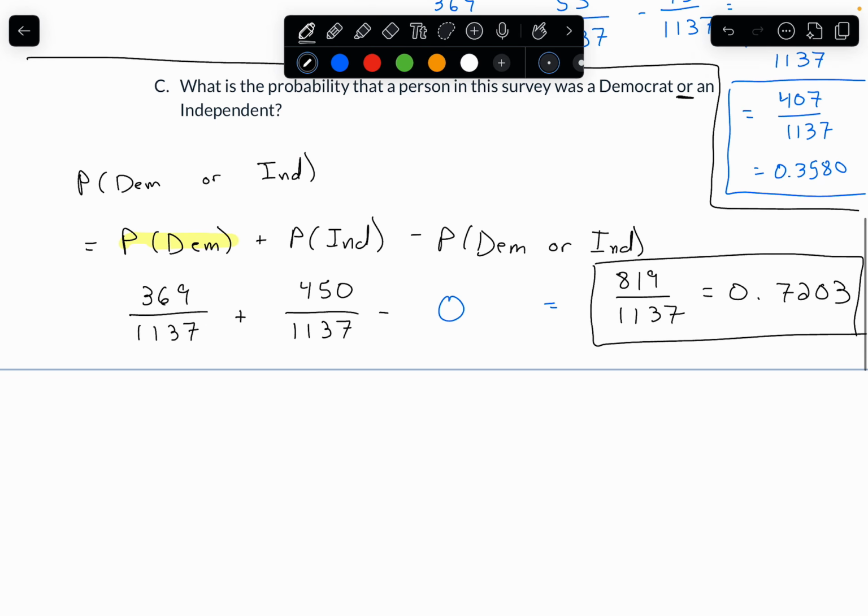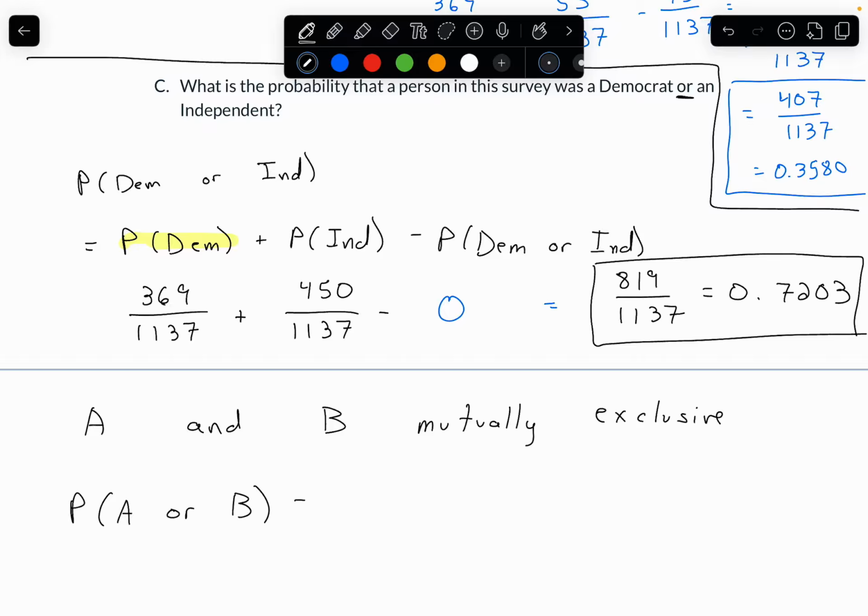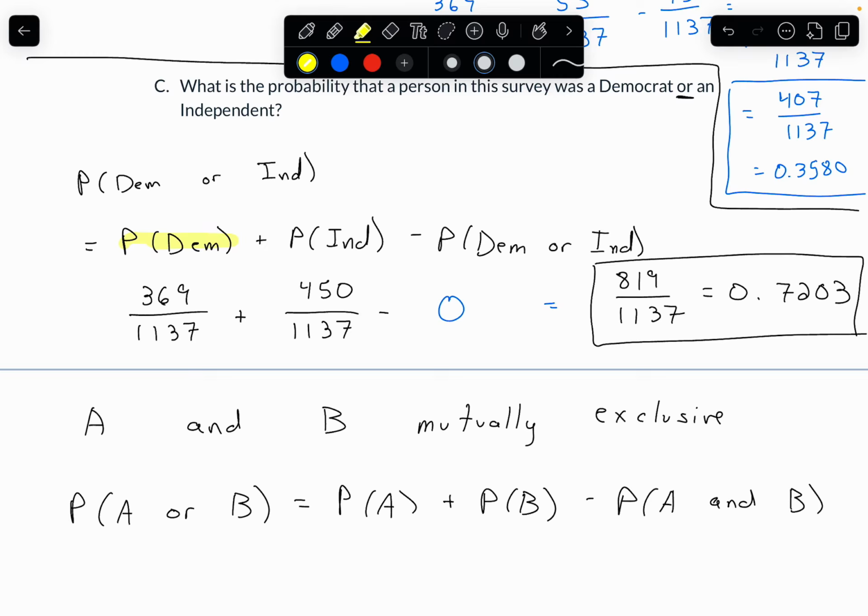And so this is the last thing I wanted to end this video with: if we have two mutually exclusive events, if A and B are mutually exclusive, meaning they cannot happen at the same time, then, well, we know the probability of A or B in general is just probability of A plus probability of B minus probability of A and B. But if they're mutually exclusive, then this probability has to be 0.